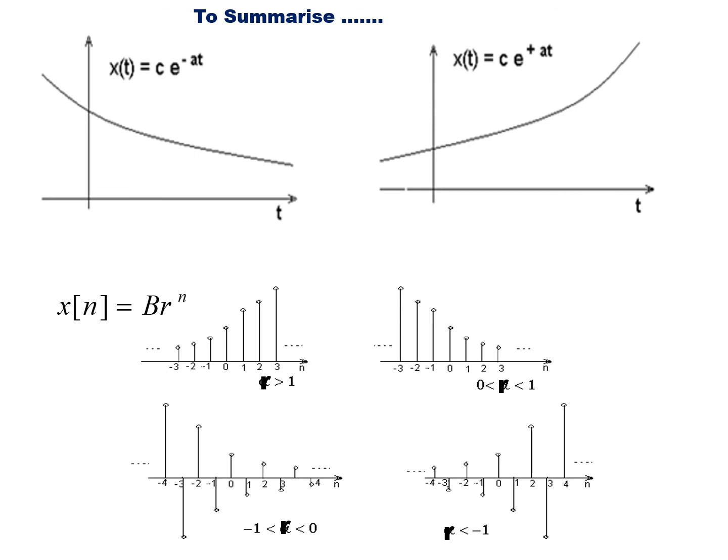Now suppose r is less than minus 1, which is another special case. What happens? Say you take the value of r as minus 1.5, and b as 1. You can do it in your exercise book. Take r as minus 1.5, which is less than minus 1, put b as 1, and n as all positive and negative integers, then plot the graph.